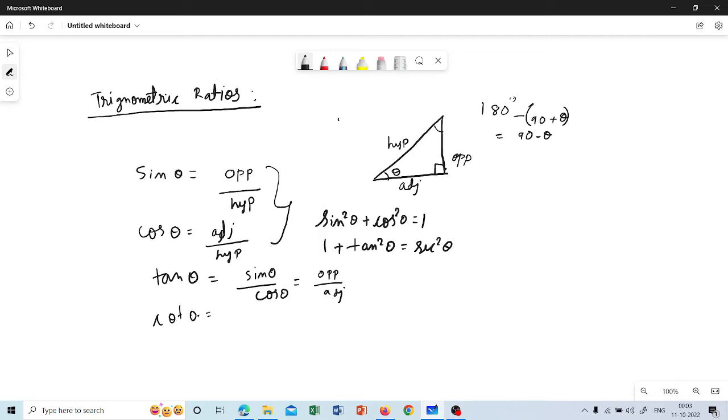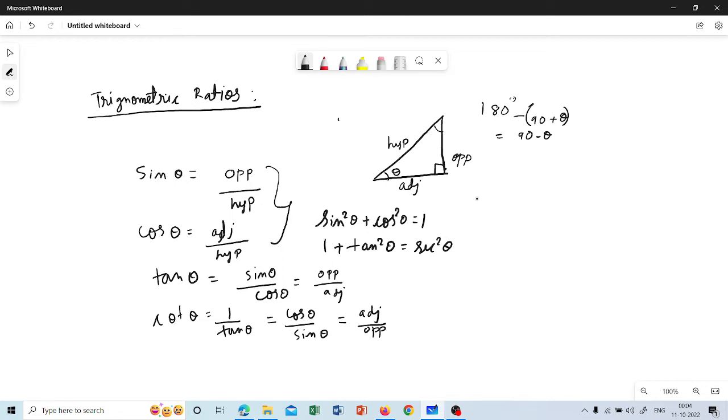Cotangent, cot, is equal to 1 by tan, which is equivalent, in terms of cos theta by sin theta, to cos theta by sin theta, which is adjacent by opposite. So I will suggest you remember only sin theta and cos theta. Other things are much simpler after this.